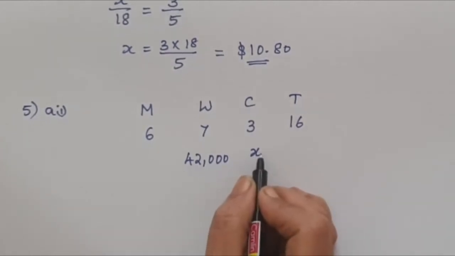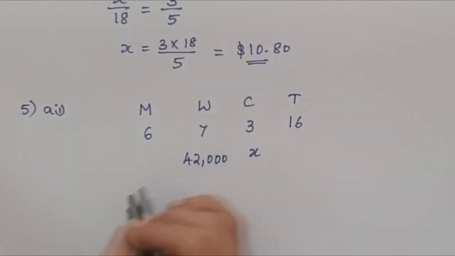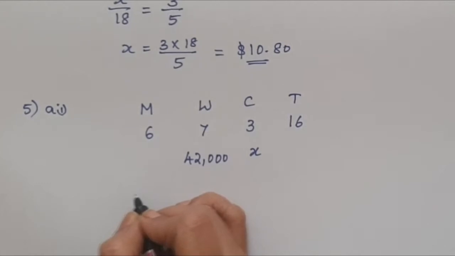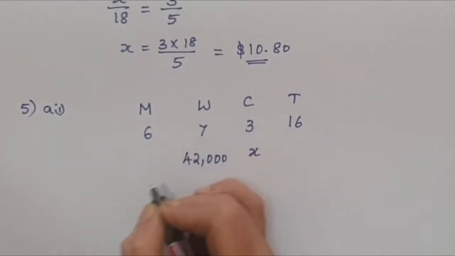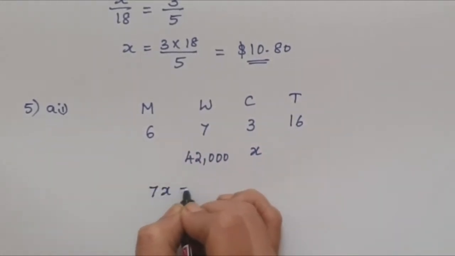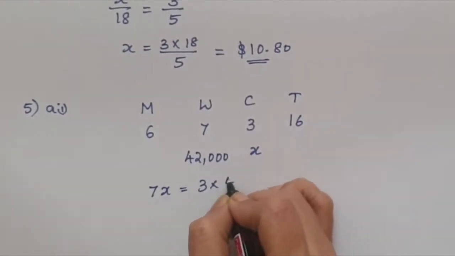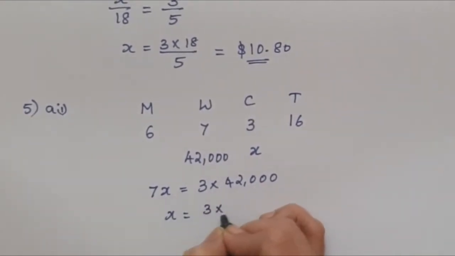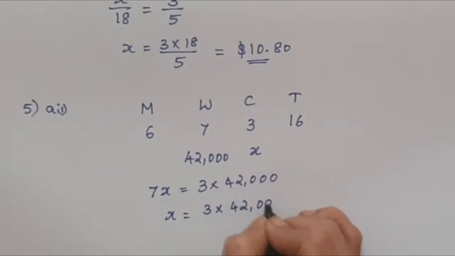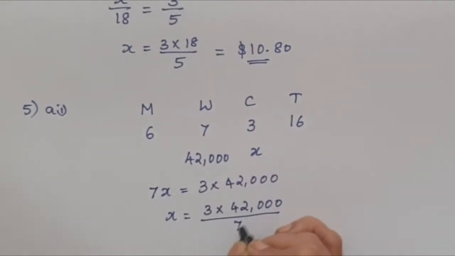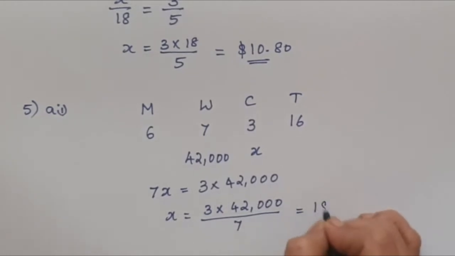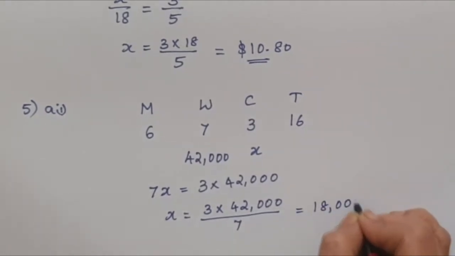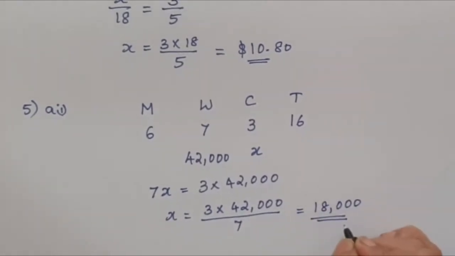So in order to find the number of children, we just divide one over the other, or cross multiply. Since it's a ratio, 7x will be equal to 3 multiplied by 42,000. So x will be equal to 3 multiplied by 42,000 divided by 7. That will be equal to 18,000. 18,000 children are there.